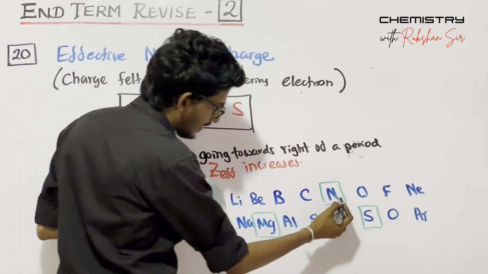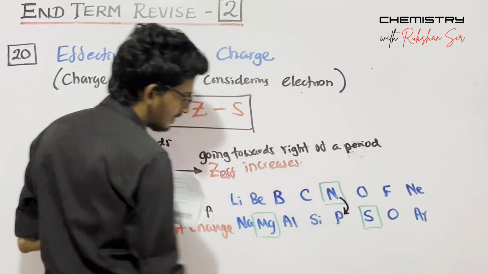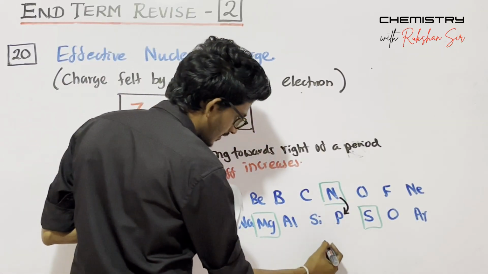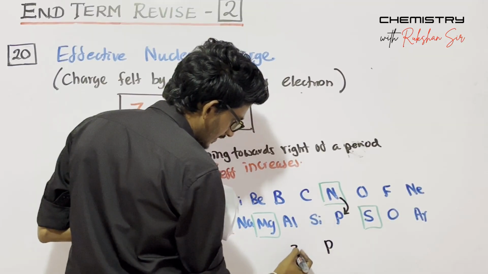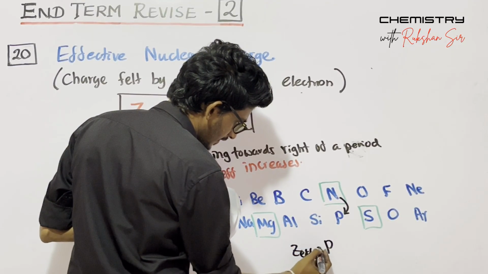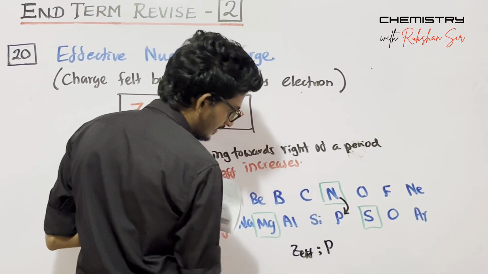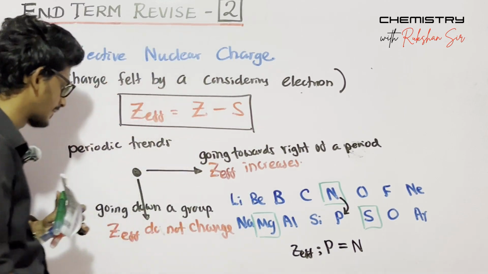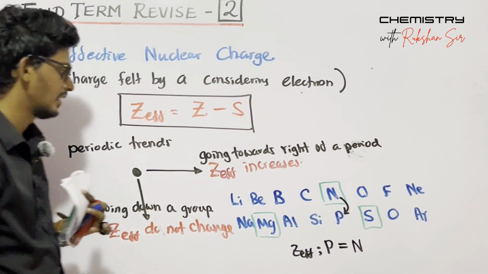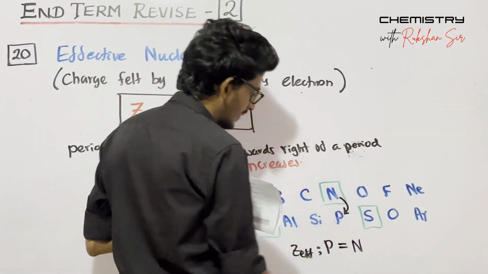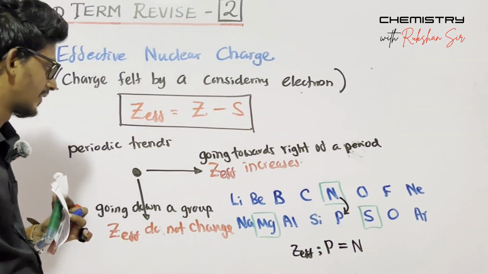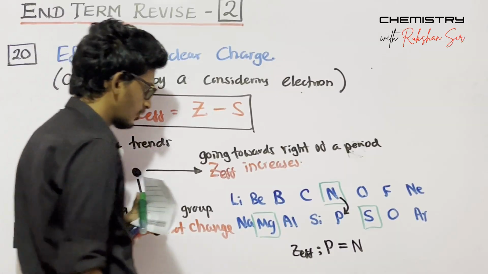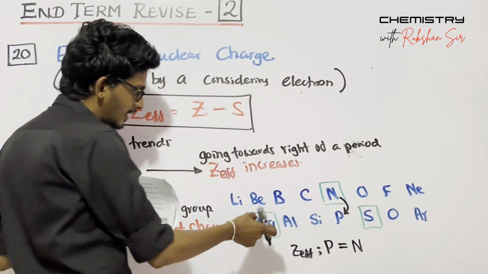That means the nitrogen and phosphorus values are the same. So the Zeff of phosphorus is actually the same as nitrogen's, with this theory. So the nitrogen value is equal to the phosphorus value, so that now we can compare.